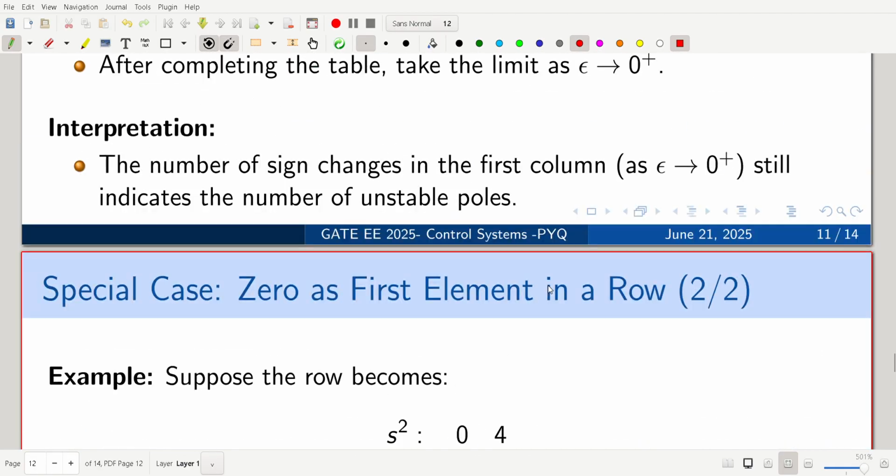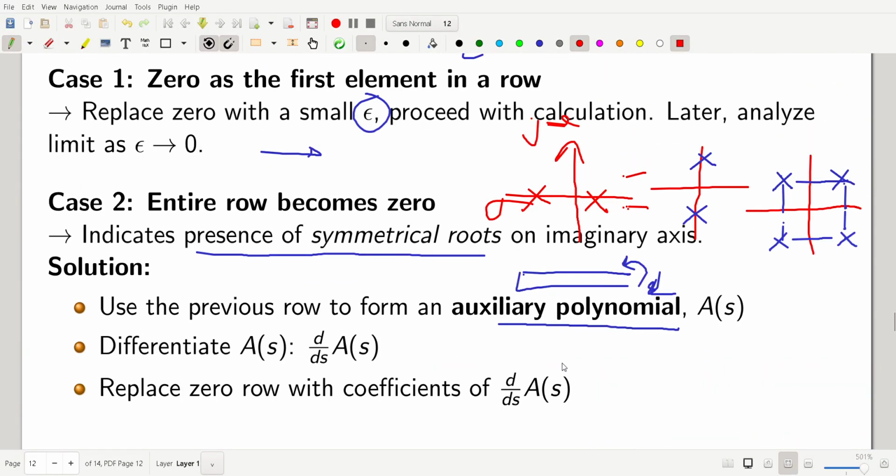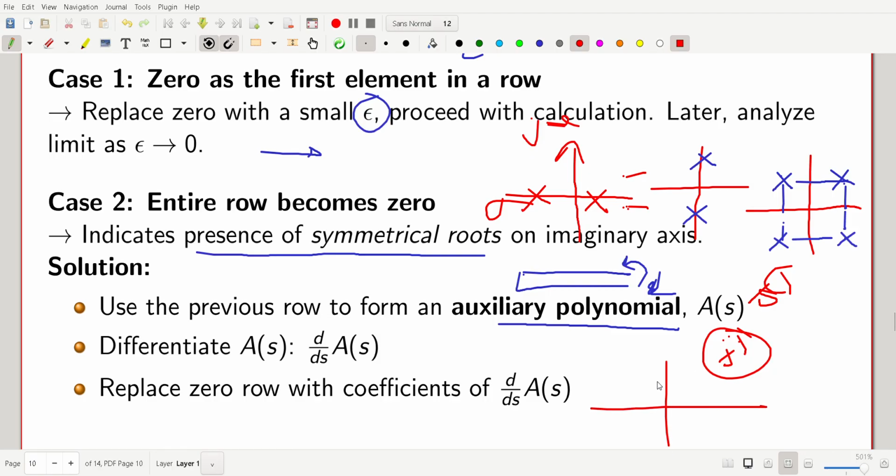For example, say the auxiliary polynomial is of order 4. Then, for example, 2 poles are on the imaginary axis, and the remaining 2 poles are placed elsewhere, because symmetry must be maintained.